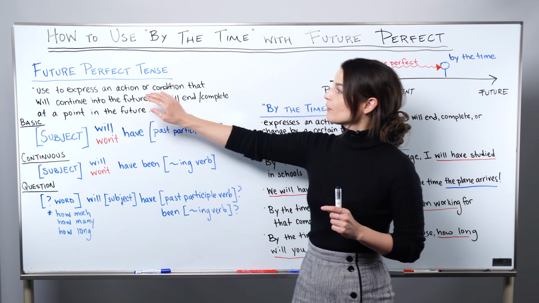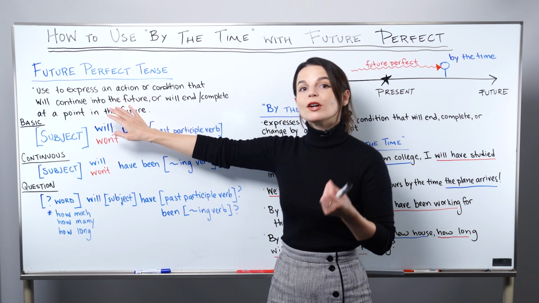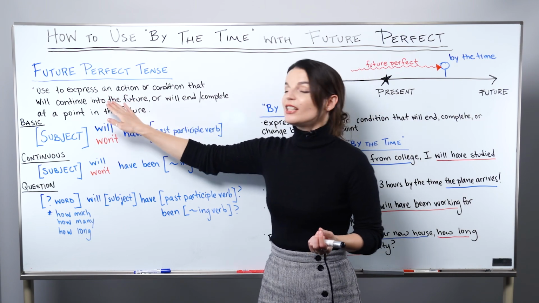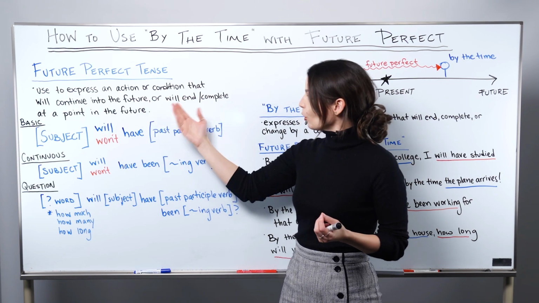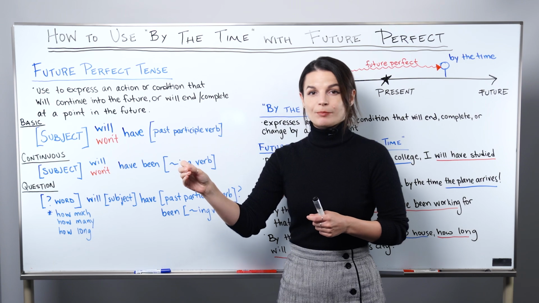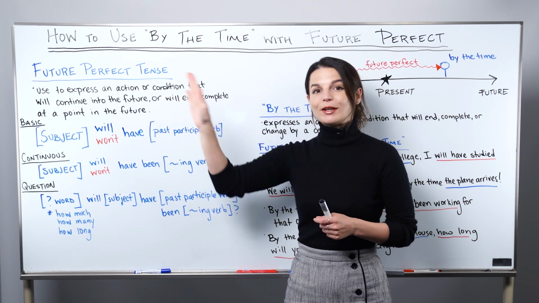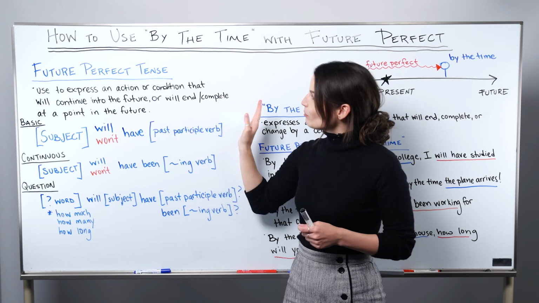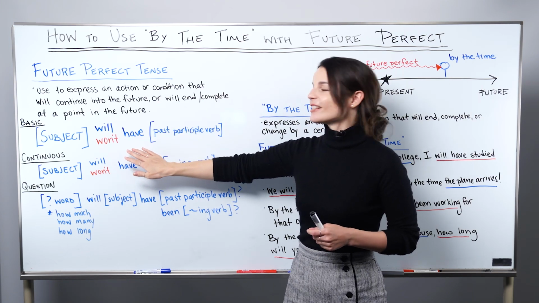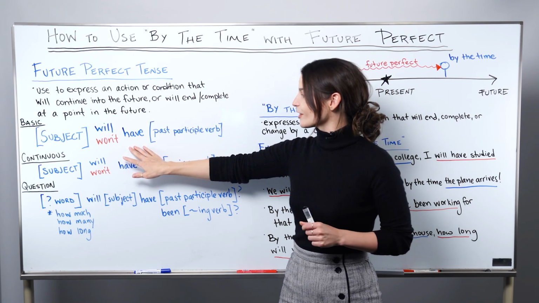We use future perfect tense to express an action or a condition that will continue into the future, or it will end or complete at a point in the future. So future perfect tense relates to future points in time. When we make future perfect tense sentences, we follow this pattern for the basic future perfect structure.